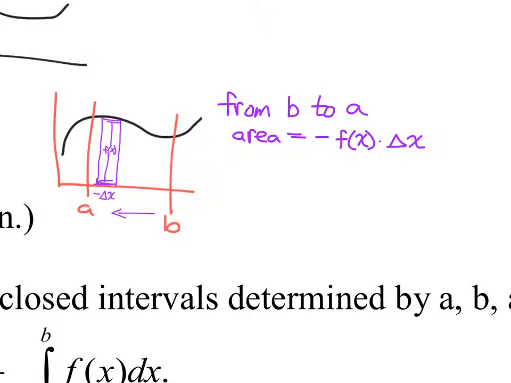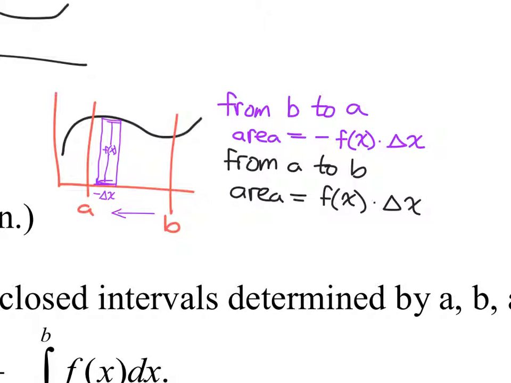So if I went in the reverse direction, from A to B, I'm looking at an area where the f of x is still the same, but delta x is now moving in the positive direction. I'll just draw another little rectangle in there to drive that point home.